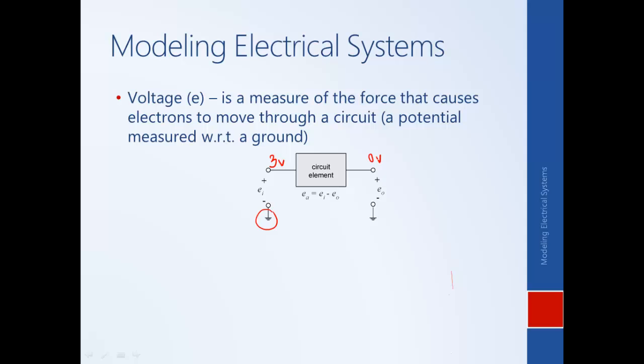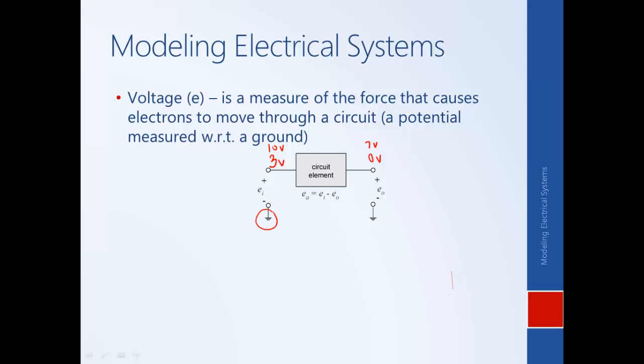In this case, on either side of this circuit element, the potential difference is 3 volts. And it doesn't really matter if we're saying that one side is 3 volts and the other side is 0 volts, or if one side is at 10 volts and the other side is at 7 volts.